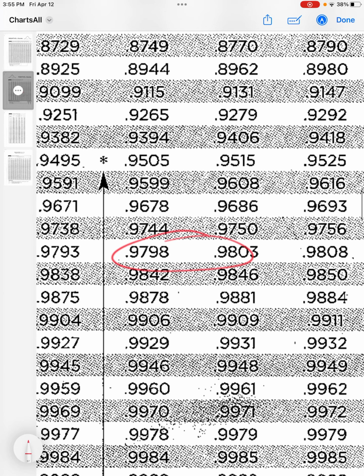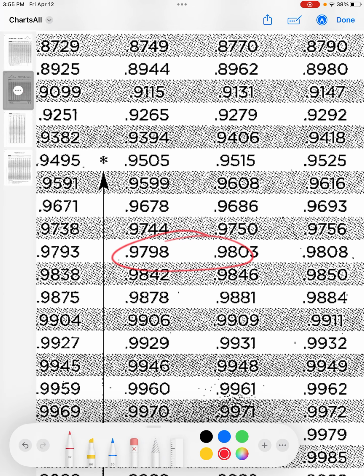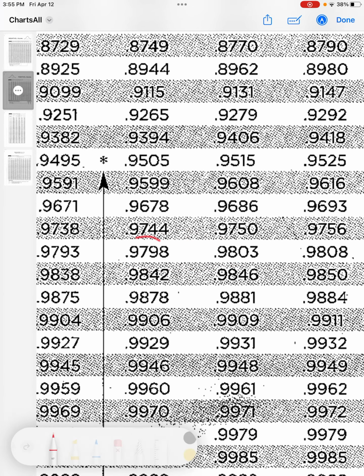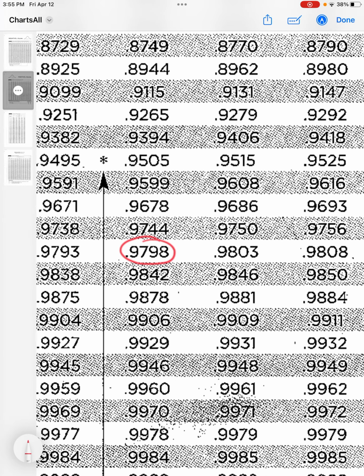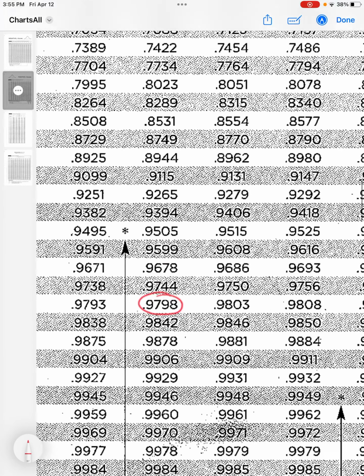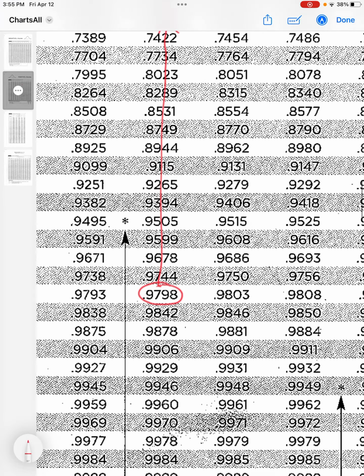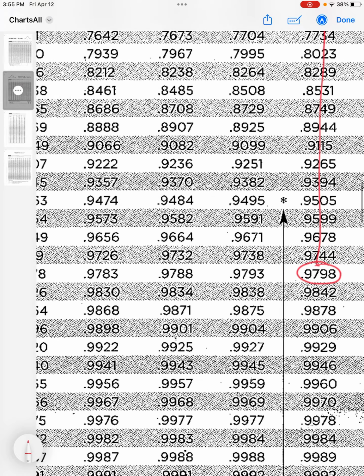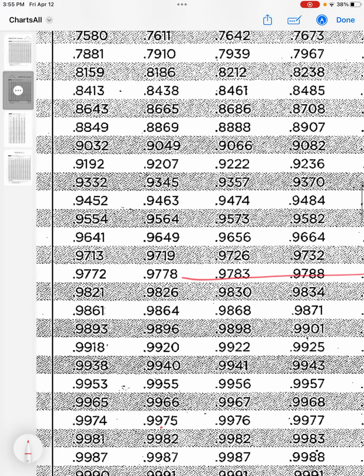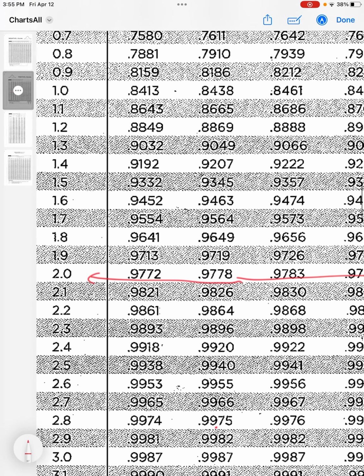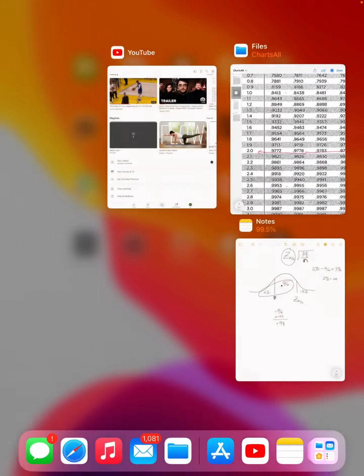And I'm looking for a z-score. Considering both of those, this 0.9798 is the closest one. And so I know I've got to travel up that column to see what its ending number is. Its ending number is a 5. And the beginning numbers are along this row, and that is a 2.0, so 2.05.